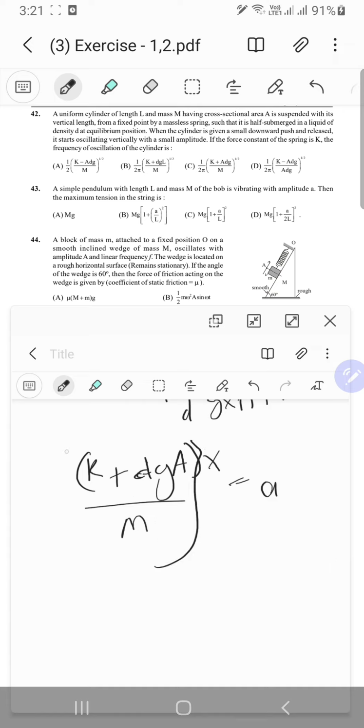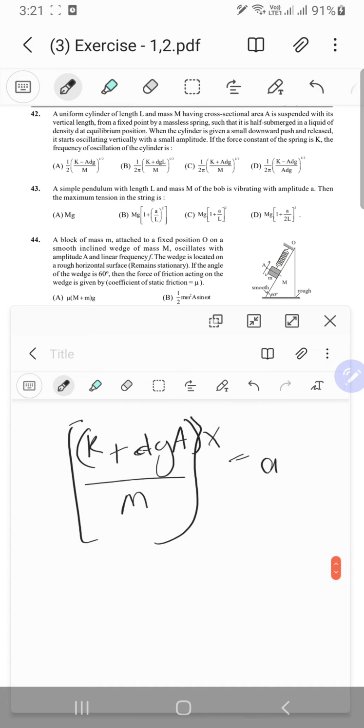So this constant is our omega squared. So the frequency, that's going to be square root of all this, which is k plus dga upon m. Yeah. So that's the angular frequency. I guess they want in terms of cycles per second, something like that.